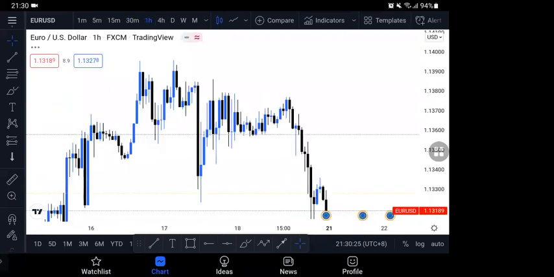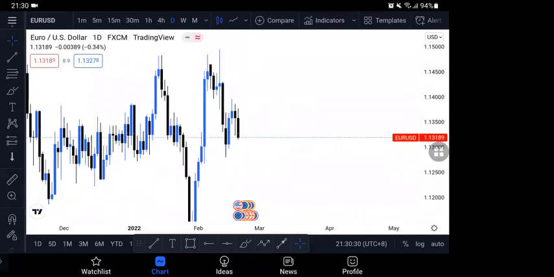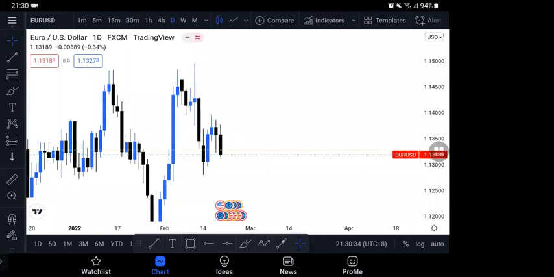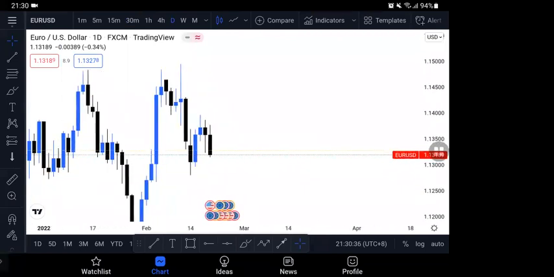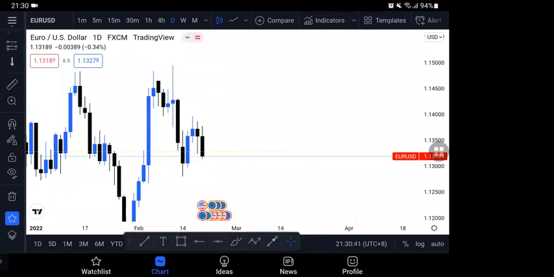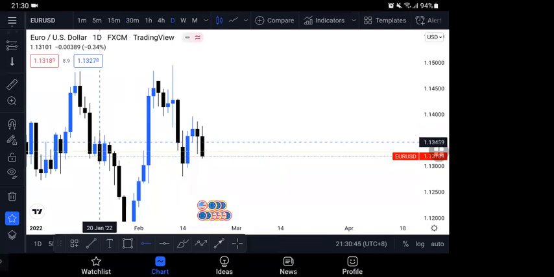Okay, let's repeat it again. So we're gonna start with the daily. This is a daily buy breakout.